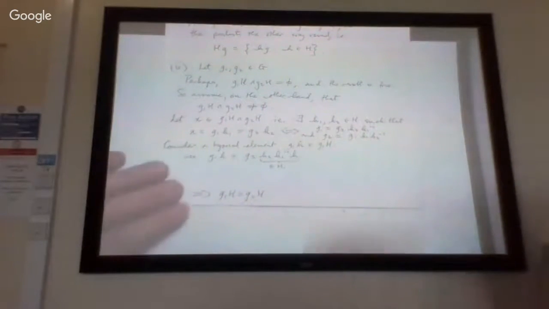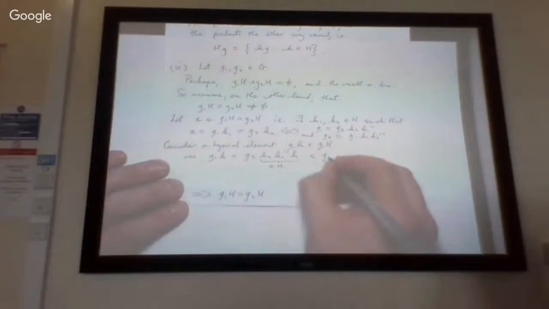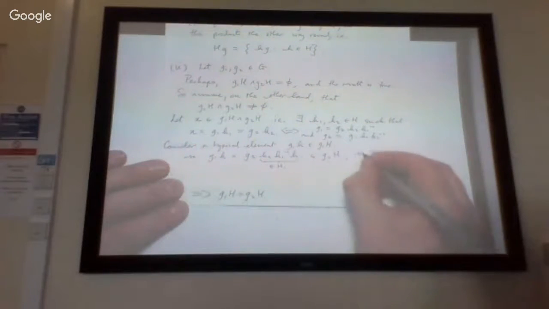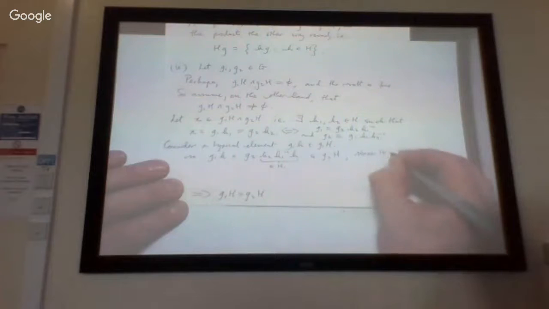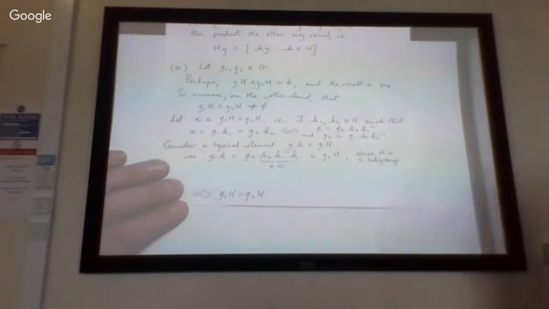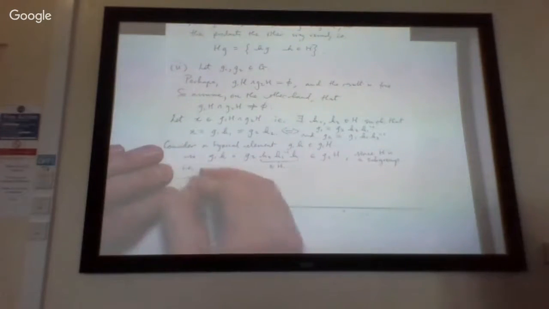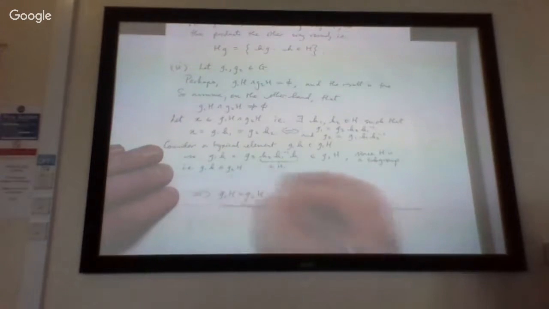So this is an element of G2H, since H is a subgroup. I.e., G1H is an element of G2H.